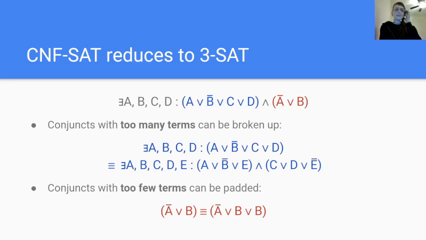We can now use 3SAT to solve CNF SAT, just by rewriting it in the 3SAT format. And, by the way, this is a polynomial time reduction, because the size of the problem can at most triple if we give out a bunch of terms.